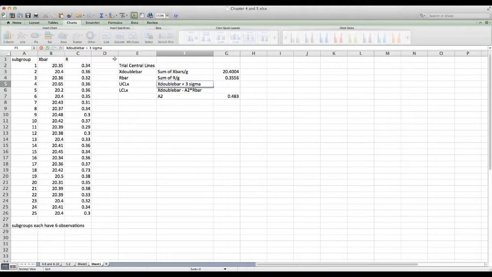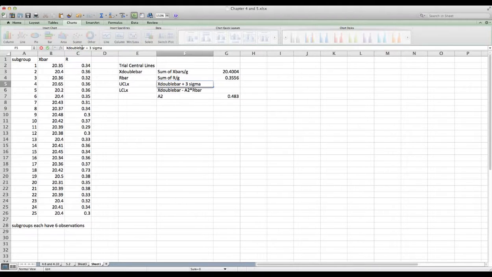And now that we're talking standard deviations, we should differentiate the standard deviation of a population, which is sigma, versus the standard deviation of a sample, which is s. We don't have the standard deviation of the population, which would be sigma. That's what we want. We want roughly these control limits to be within 3 standard deviations of the population from the central line, but we don't have it.